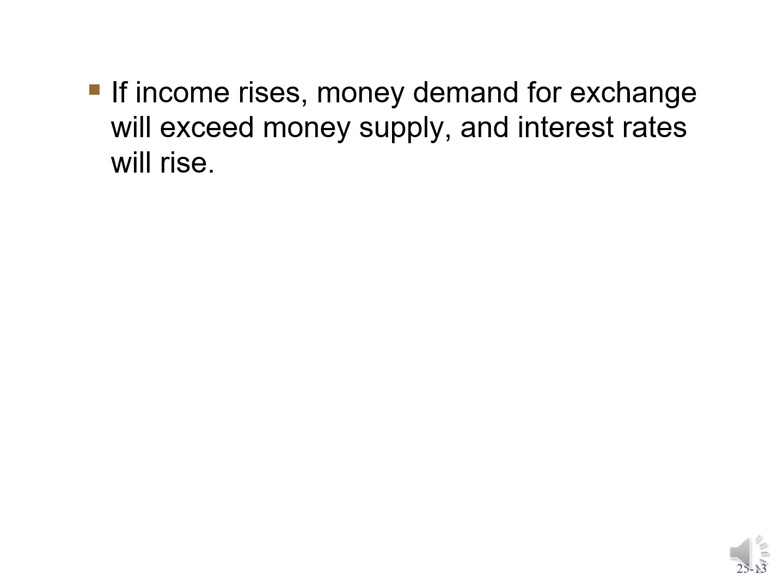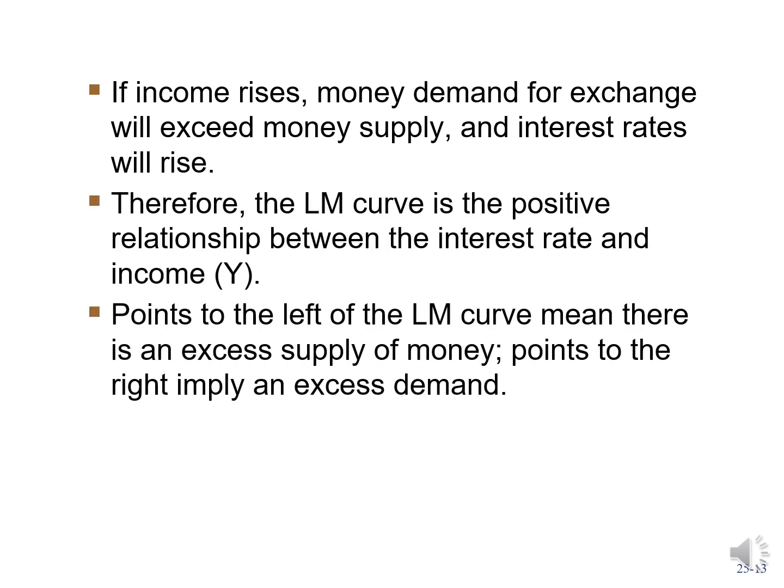If income rises, money demand for exchange will exceed money supply and the interest rate will rise. Therefore, the LM curve is a positive relationship between the interest rate and income. Points to the left of the LM curve mean there is an excess supply of money. Points to the right imply an excess demand.